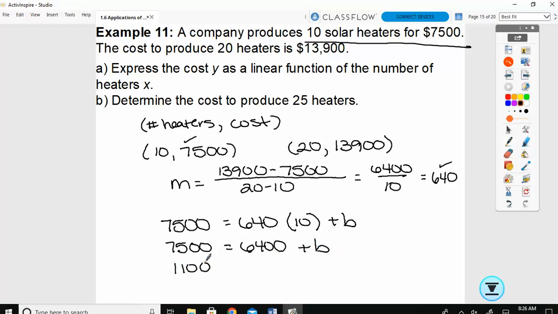Subtract over my 6,400, and I get 1,100. So part A, my actual equation is what? 640x plus 1,100. Y equals 640x plus 1,100.